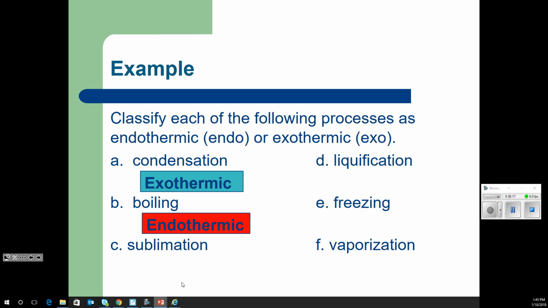What about sublimation, going from a solid to a gas, like dry ice? Going from a solid to a gas? Endothermic is right. Okay, this next one is wrong, so we're going to talk about it and then it'll put up the wrong answer. So liquefaction is when I take a solid and I make it a liquid.